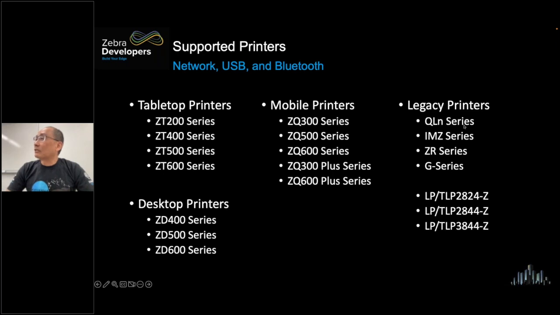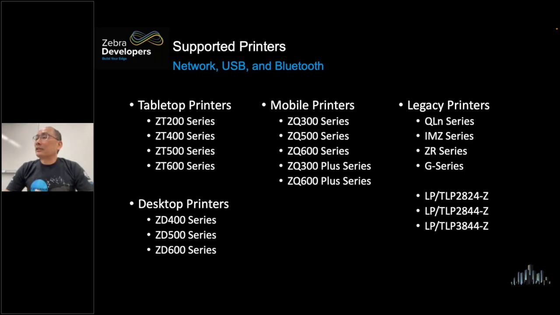The QLN has already been discontinued. IMZ discontinued as well, and also the ZR in Asia or emerging markets, and also the G series of printers, as well as those legacy, pretty old printers. You can see BrowserPrint supports a wide range of our product portfolio.